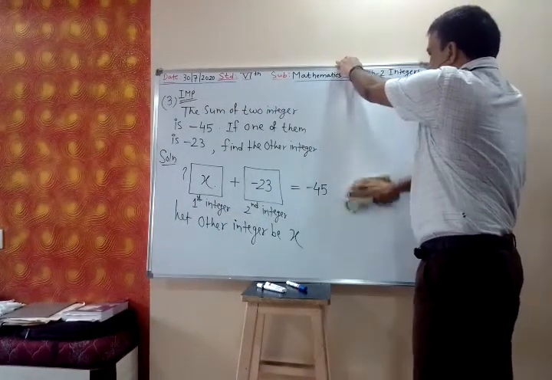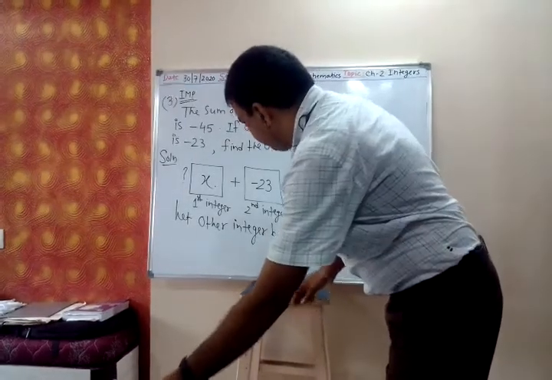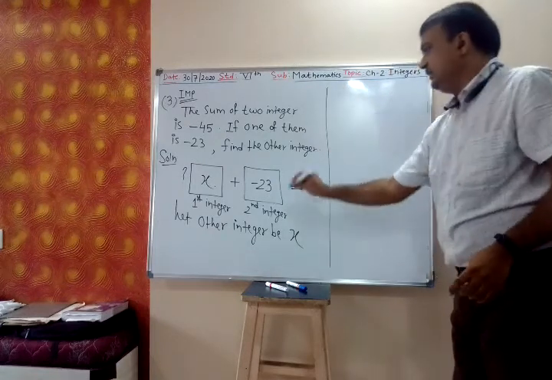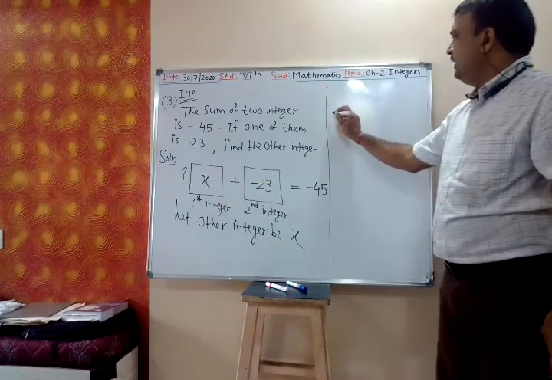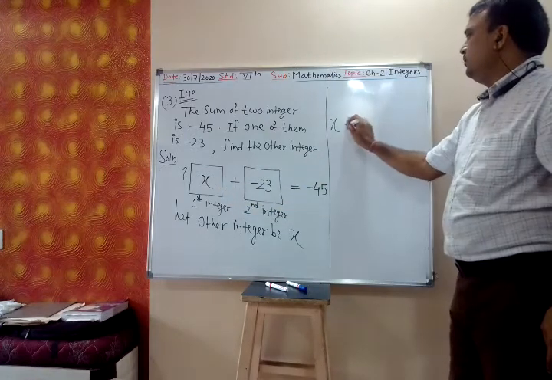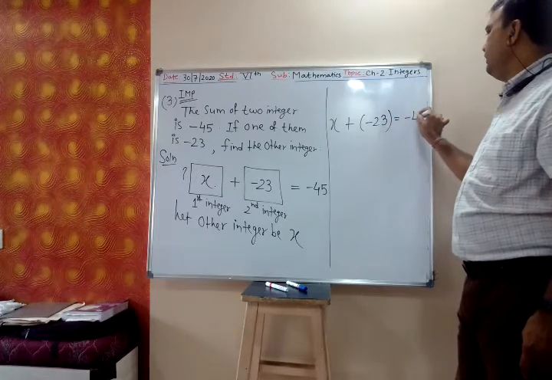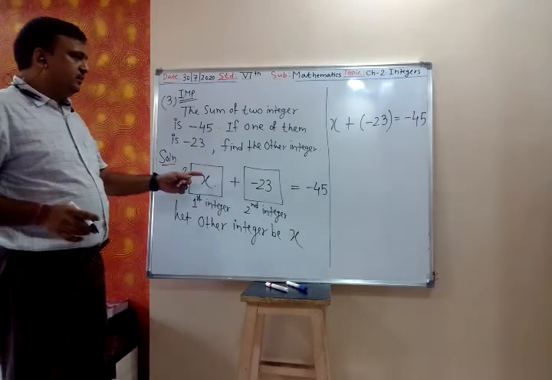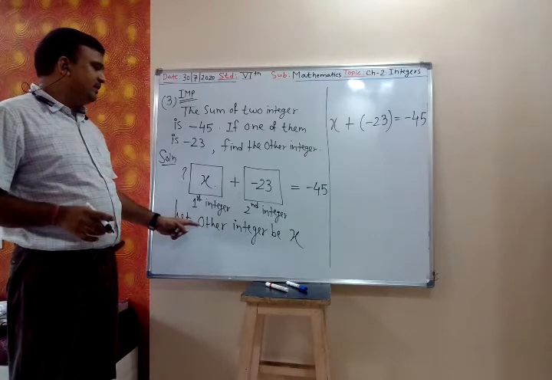That other integer we have to find. Now let us write. So the other integer be x, so we write x plus minus 23 is equal to minus 45.